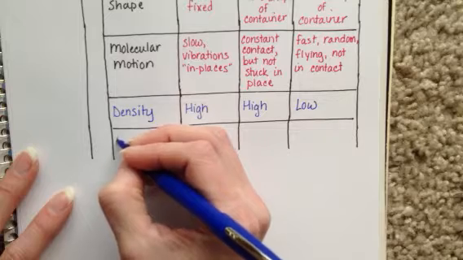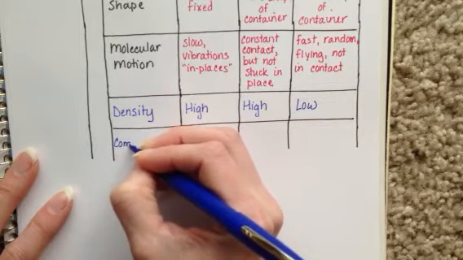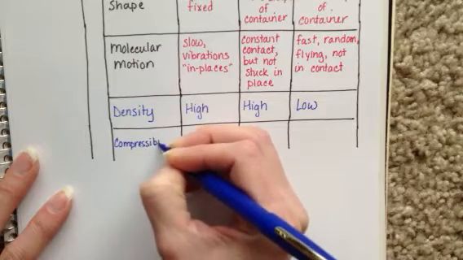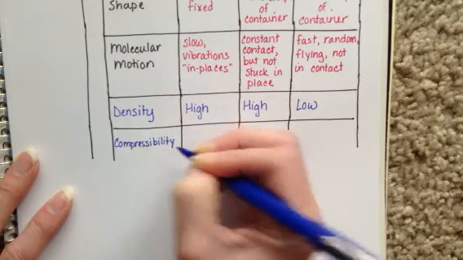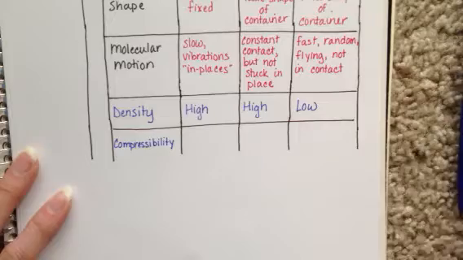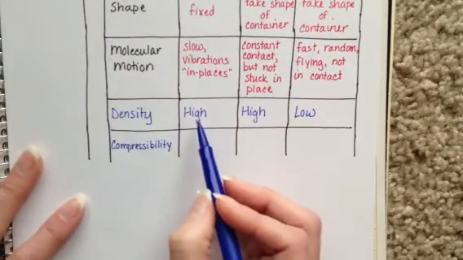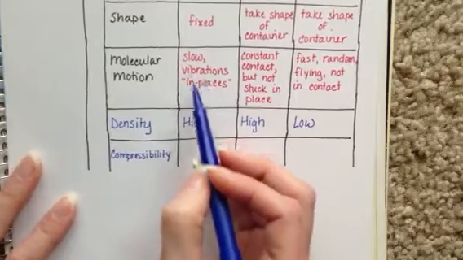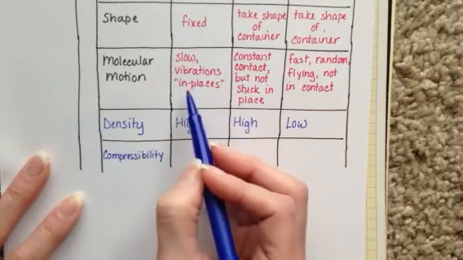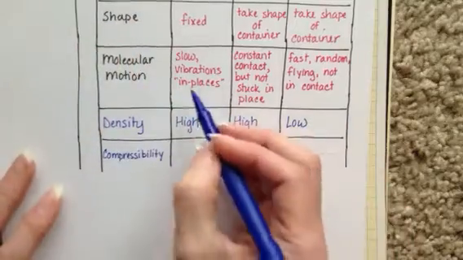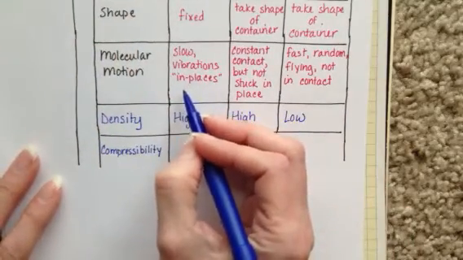And the last thing that we're going to talk about is compressibility. And compressibility relates to density as well. For a solid, if you imagine what the solid looks like at the molecular level, remember we have all of the atoms packed side by side together as closely as they can possibly be.